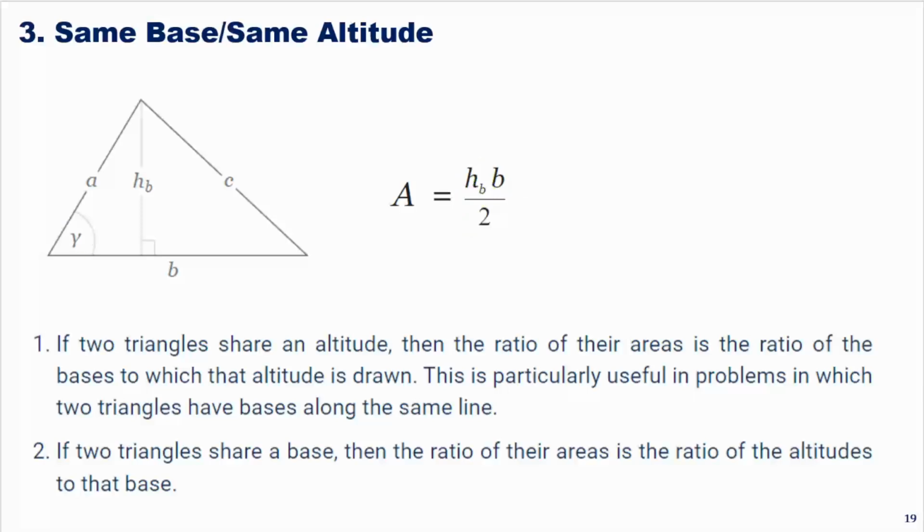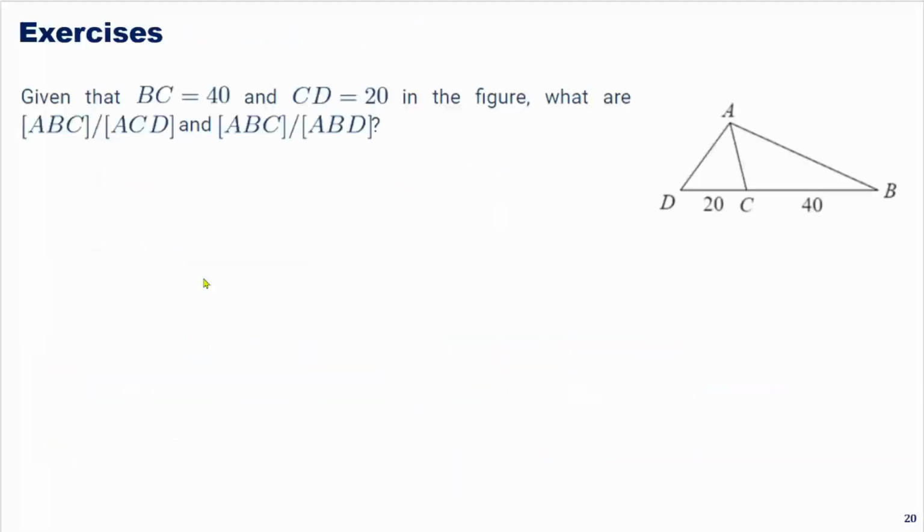So let's see an exercise to illustrate the concept here. Given that BC equals 40 and CD equals 20 in the figure, what are the ratio of the area of triangle ABC over ACD and the ratio of area ABC over area of triangle ABD? So we know the altitude from A is the same for both triangle ACD and ABC, right?